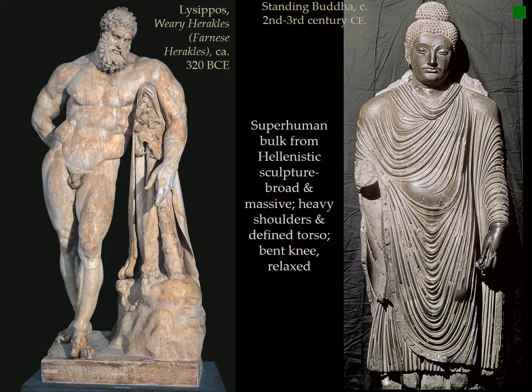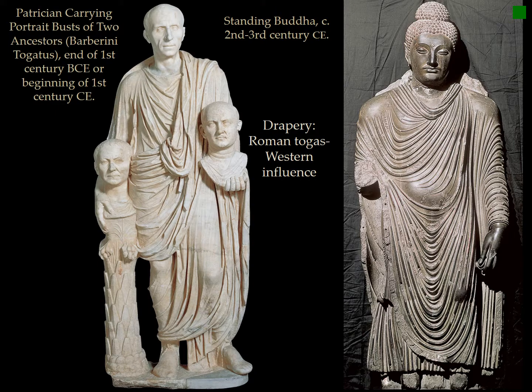Hence, he is in a contrapposto pose. A Western Greek idiom here is going to be shown. The drapery, interestingly enough, comes by way of contact with Romans and the togas that they wear, and this will be adopted by Buddhists as part of the dress that they have for monks.